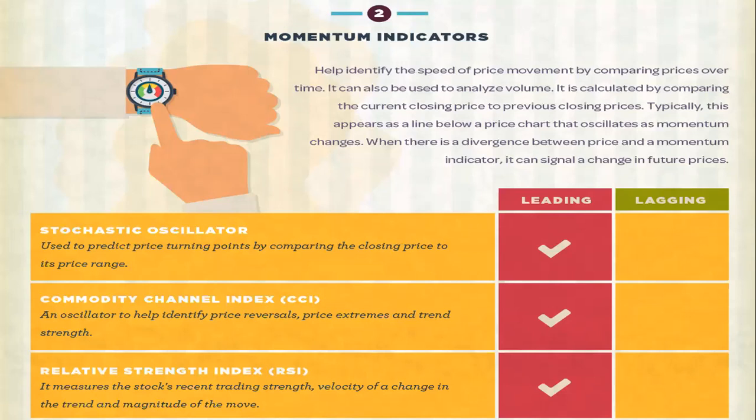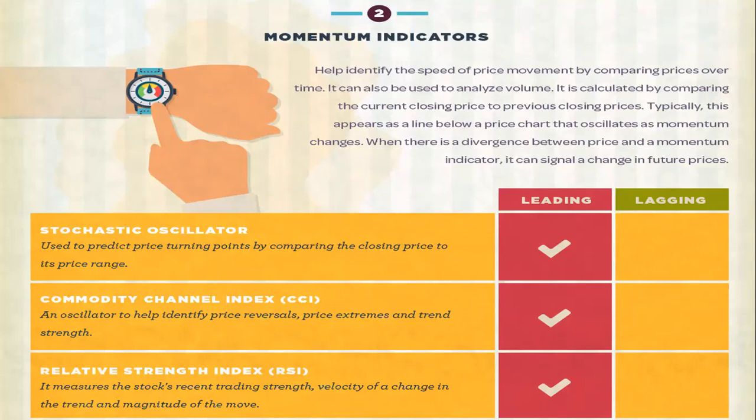And you have the relative strength index, RSI. I know most of you know about relative strength index and stochastics. They are all leading indicators. If you want to know the category of that particular indicator, they are leading indicators.